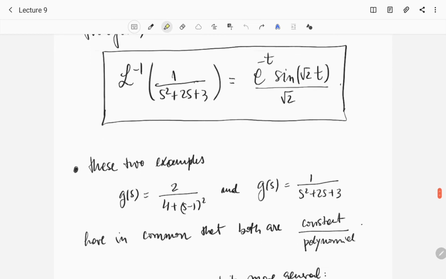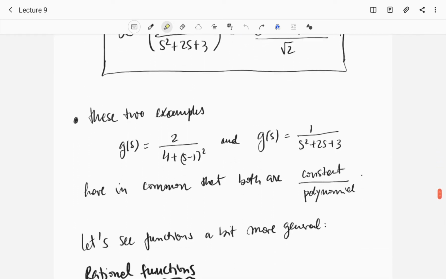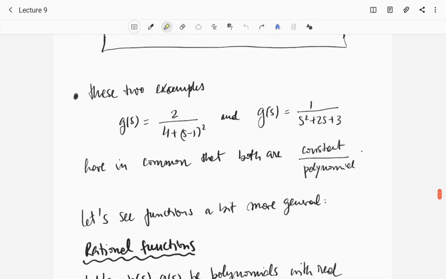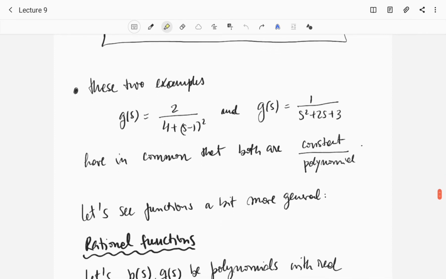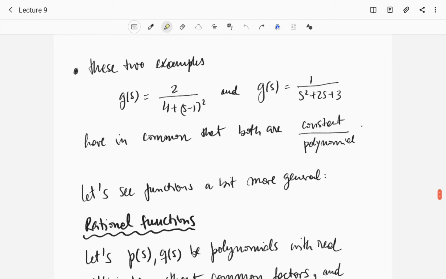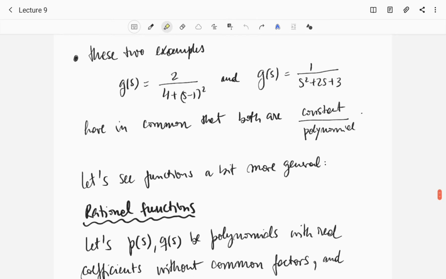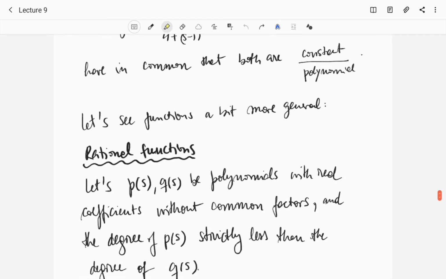Okay, so these two examples that we just saw have in common that both are a constant divided by a polynomial. Let's see functions a bit more general. They are called rational functions.